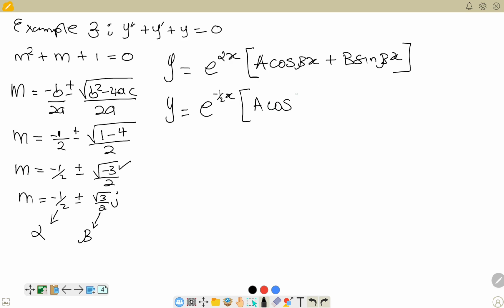In this lesson, we're not going to solve the values of A and B. So the value of beta is square root 3 over 2 x. We don't write it with the j. We only take the beta part because this is actually beta j, but then we need to take only beta. Then we'll have b, this is b, not beta, then sine of square root 3 over 2 x. Then I will close my bracket.